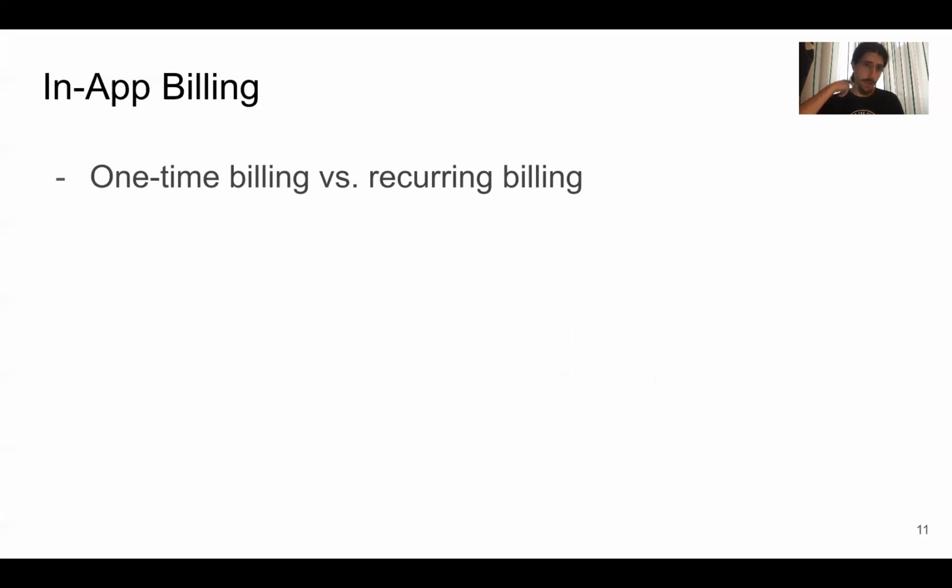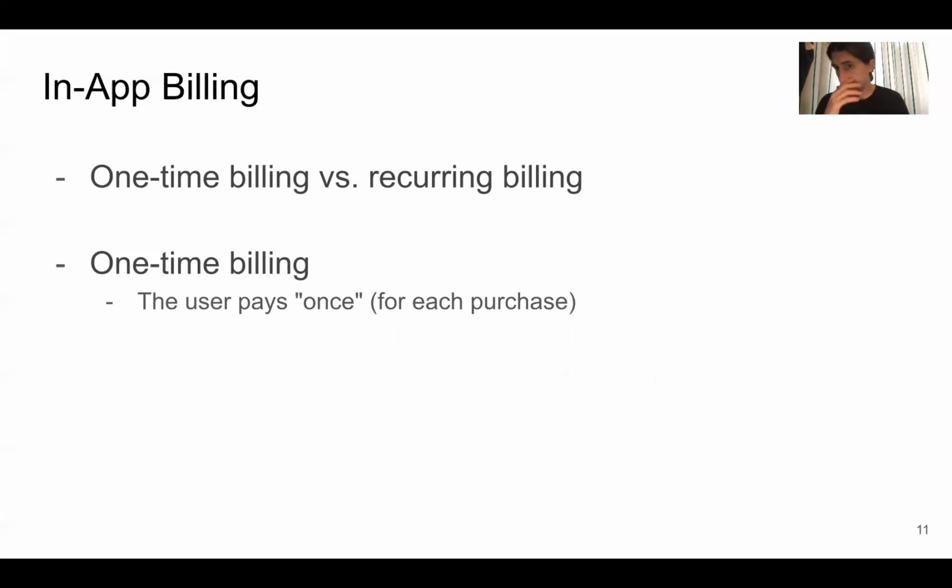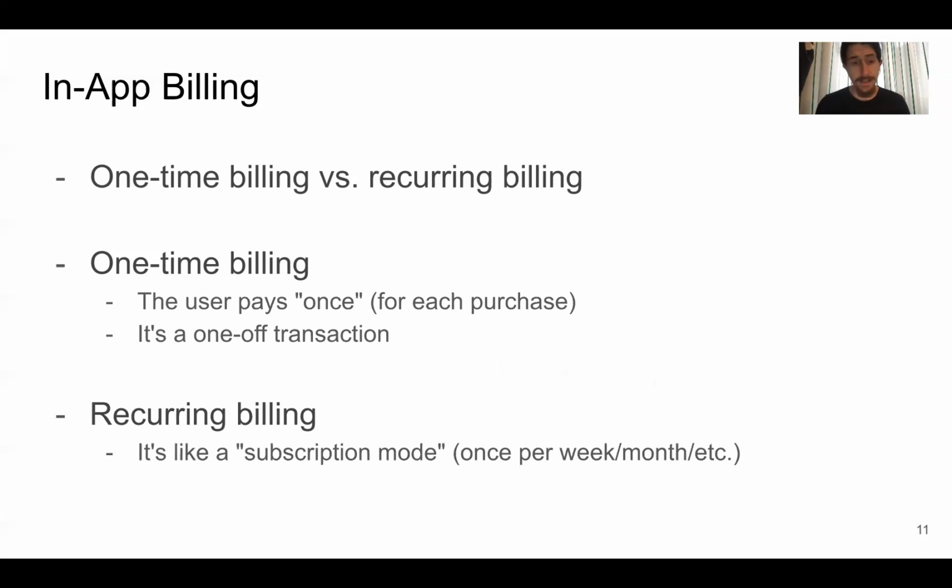Another aspect of in-app billing is one-time billing versus recurring billing. One-time billing, these terms you're probably quite familiar with already. The idea is that the user pays once for each purchase, and it's a one-off transaction. Recurring billing instead means it's like a subscription mode.